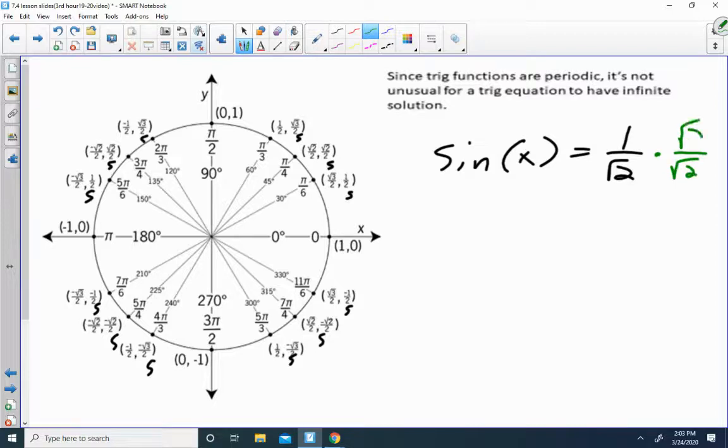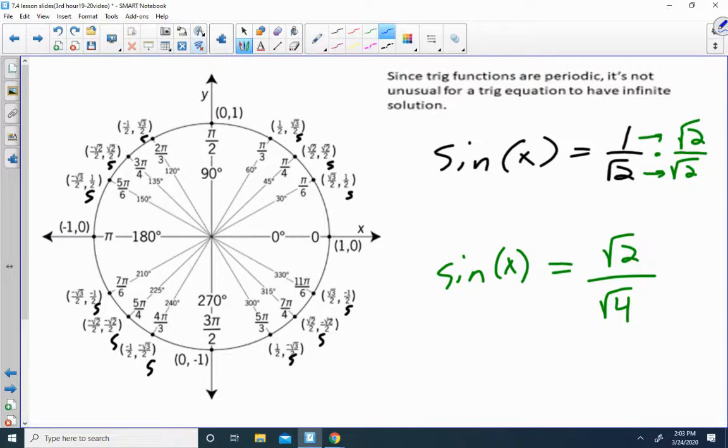So go ahead and multiply root 2 top and bottom. Multiply the top, you'll get root 2. Multiply the bottom, root 2 times root 2 is root 4. Simplify that, you'll still get root 2 on top, but root 4 on bottom is a perfect root, which becomes a normal 2.